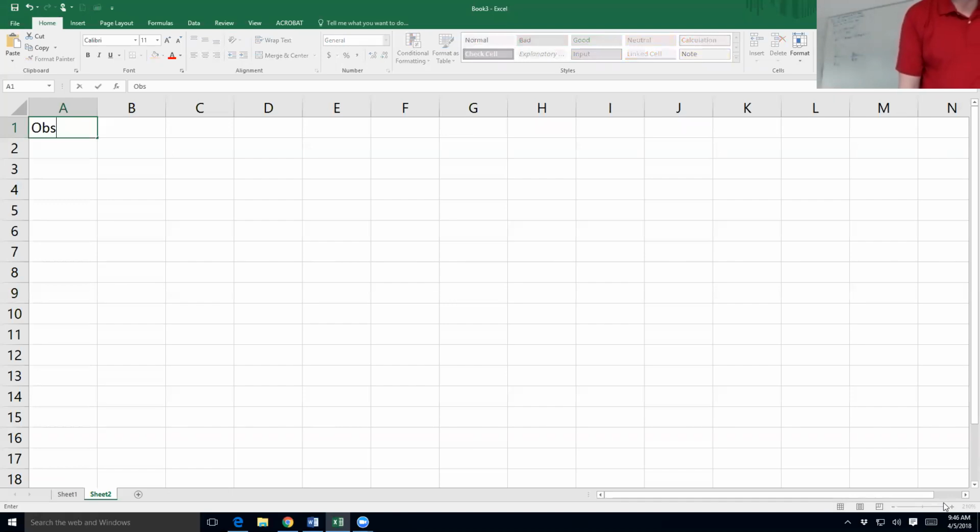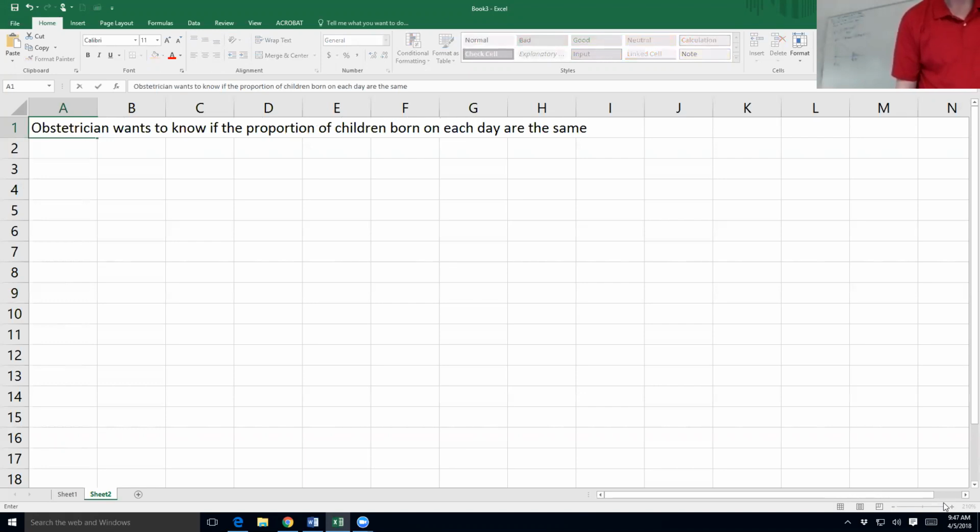An obstetrician wants to know if the proportion of children born on each day are the same.